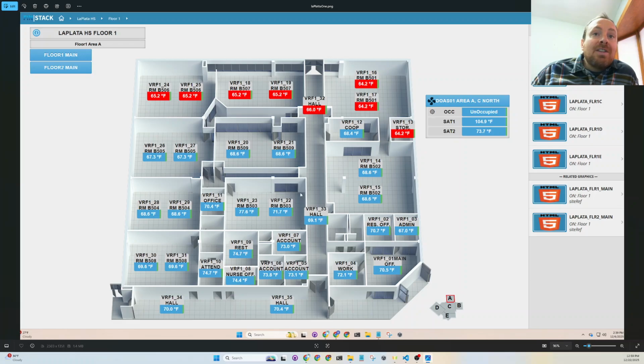This is what we're talking about: exterior walls will definitely affect losses for heating and cooling, and not so much interior zones.